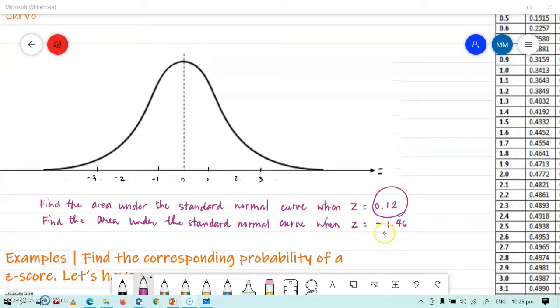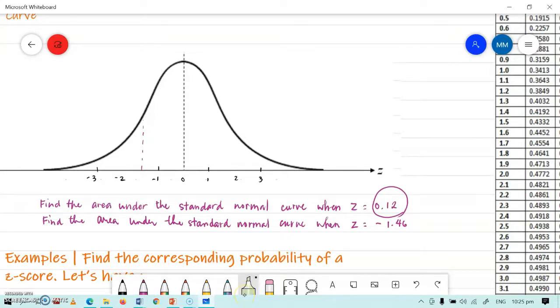Negative 1.46 is a negative z-score. So locating negative 1.46 in our curve, it's somewhere here. Alright? And what we are trying to find out is the area from 0 to negative 1.46.